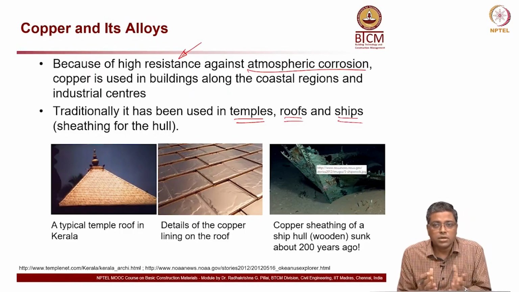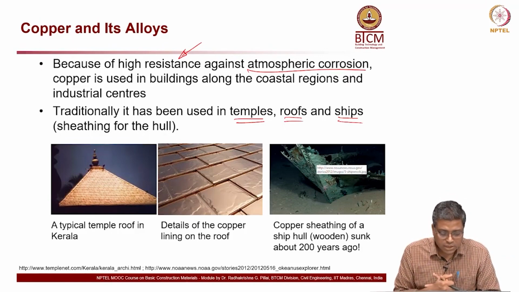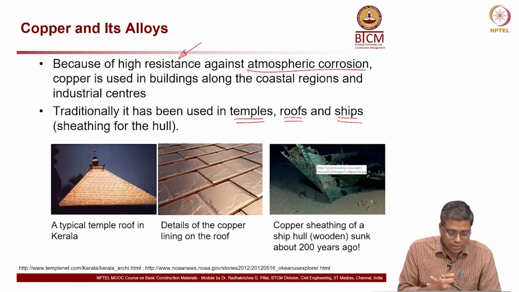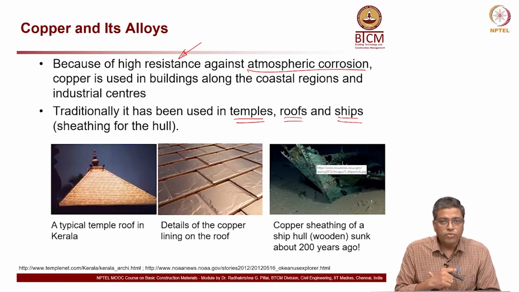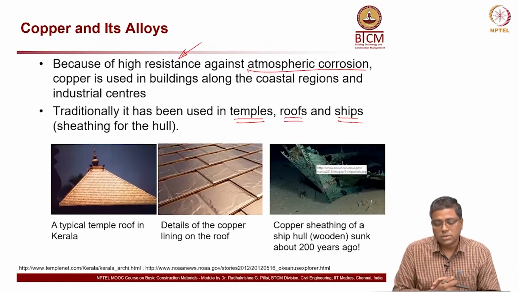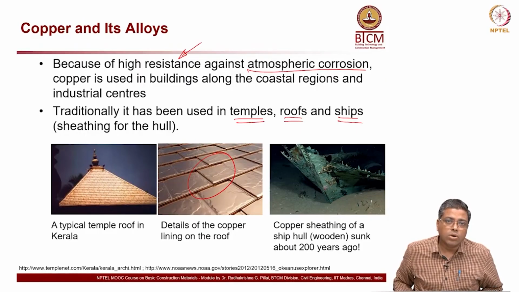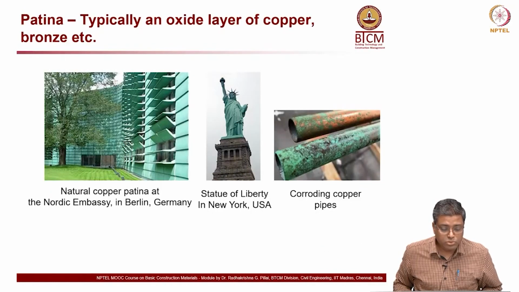So, this protects the hull from getting into direct contact with the seawater, etc. So, on the left side you can see a temple roof in Kerala, because in Kerala many temples are like this, which has these copper cladded roofs. Okay. And then this is another close up of this, how it will look like. So, wherever you have a highly corrosive environment, copper is a good metal to use.